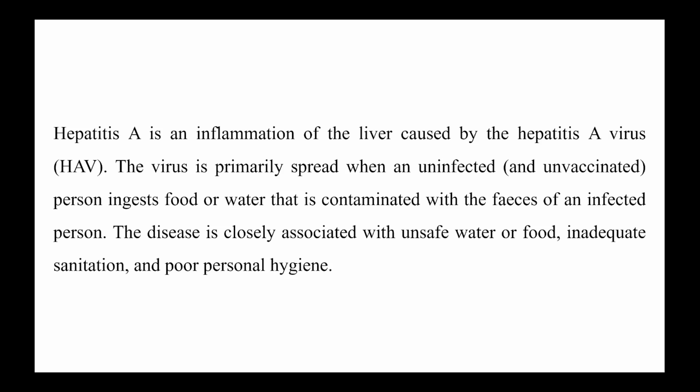So the disease is closely associated with unsafe water or food, inadequate sanitation, and poor personal hygiene. That is why we are always advised to wash our hands while having food, and not eat food from any outside source which is not hygienic enough, so that these kinds of diseases are not caused when hygiene is not maintained properly.